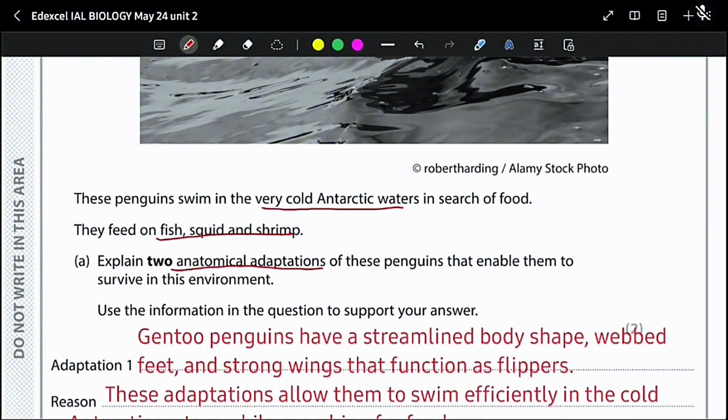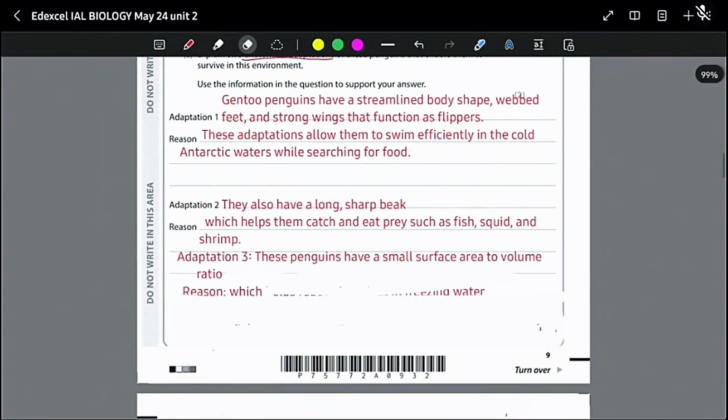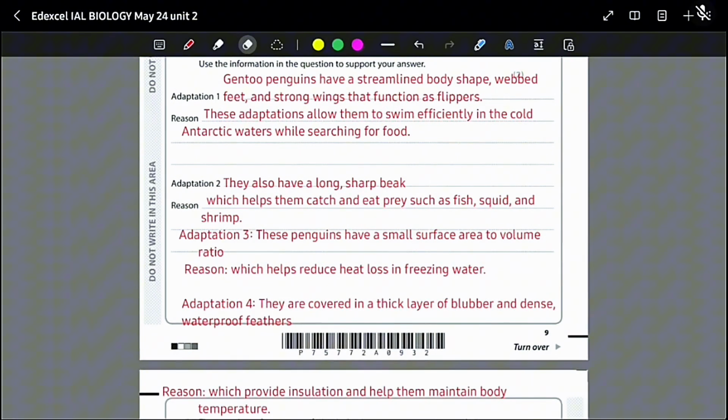It provides them insulation and helps to maintain their body temperature. So these are all the adaptations. Next question.